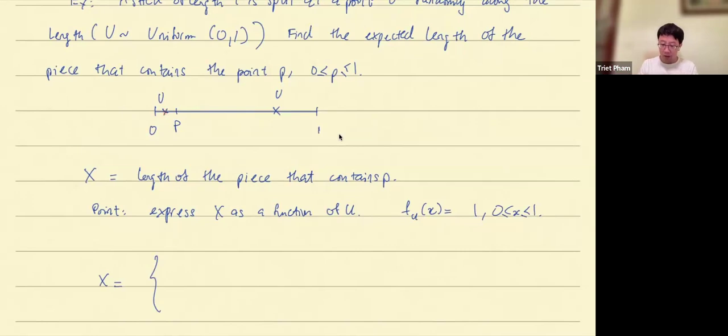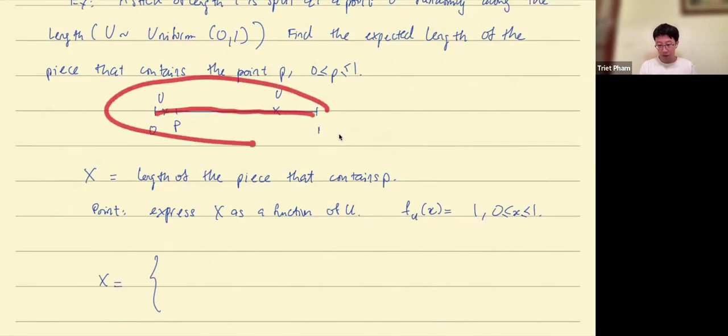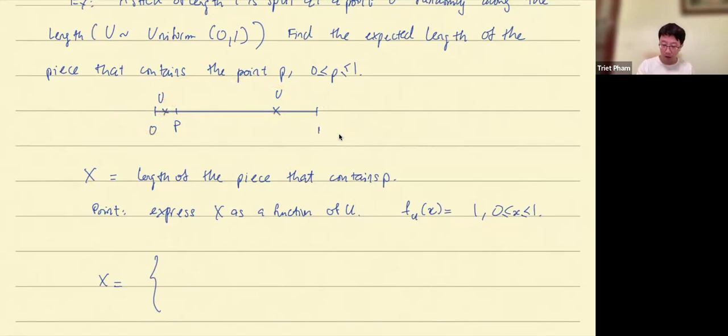U can be anywhere along the length. But if U is over here, and by over here we mean less than P, if U is less than P, you can include equal, doesn't matter how you include it, then clearly the piece that contains P, the length of it is 1 minus U.